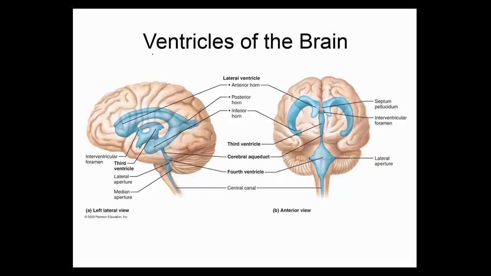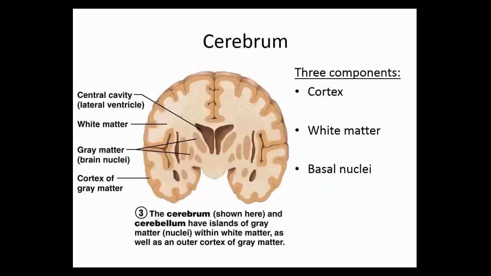So it's created in what are called the ventricles. The ventricles are basically these cavities or open spaces, right, that make the CSF, the cerebral spinal fluid. So if we were to take a quick look at the brain that we've cut, sliced frontally, this cavity here is actually this hollowed out area.